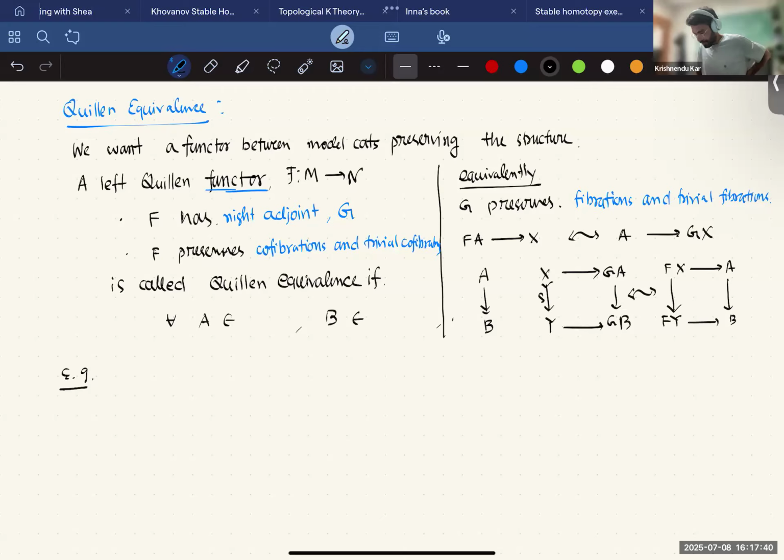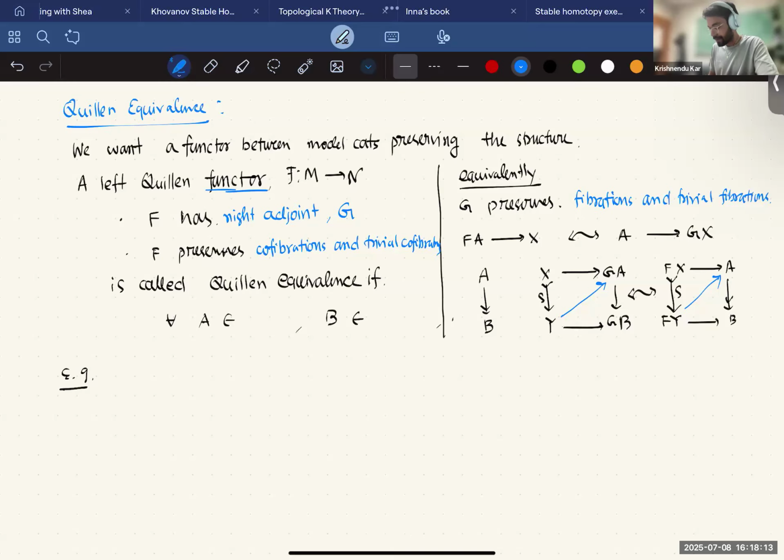F preserves your trivial cofibration, and I started with the assumption that A to B is a fibration, so this lift exists, and that means the lift exists by the adjunction property. Cool. Good.